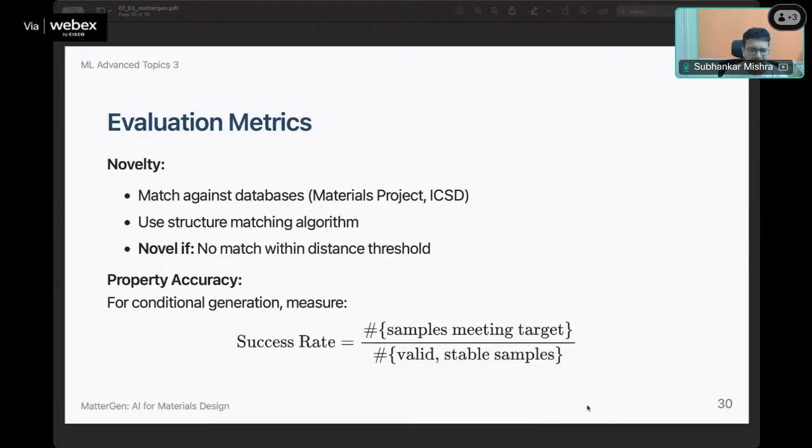This is very similar to accuracy. It's basically samples that meet the target divided by valid and stable samples. I thought this was a half measure because they could generate a lot of invalid and unstable samples, but the success rate they are calculating uses the samples that meet the target among the valid and stable samples they produce.